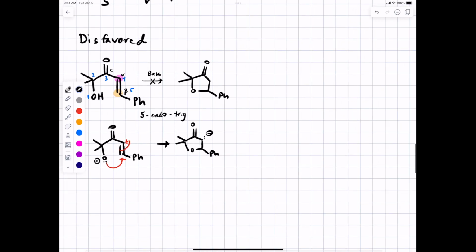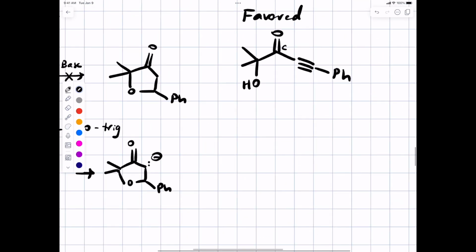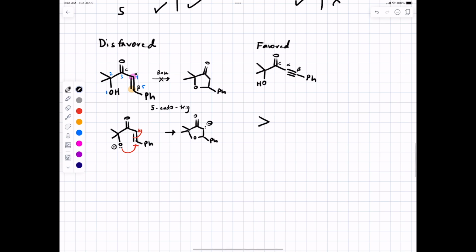Now this really sort of blew my mind because, well, let me just show you the example that does work. I'm going to keep everything the same, only now we're going to do that. Again, the proposed mechanism has the alkoxide attacking the beta carbon of an alpha beta unsaturated carbonyl compound.